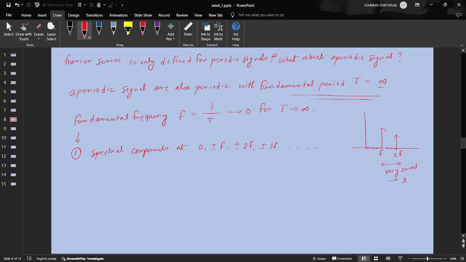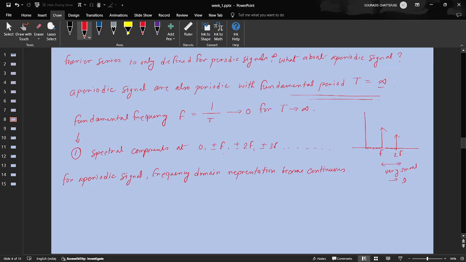So for an aperiodic signal, let me write it down here. First of all, the frequency domain representation becomes continuous. It doesn't remain discrete anymore, right?